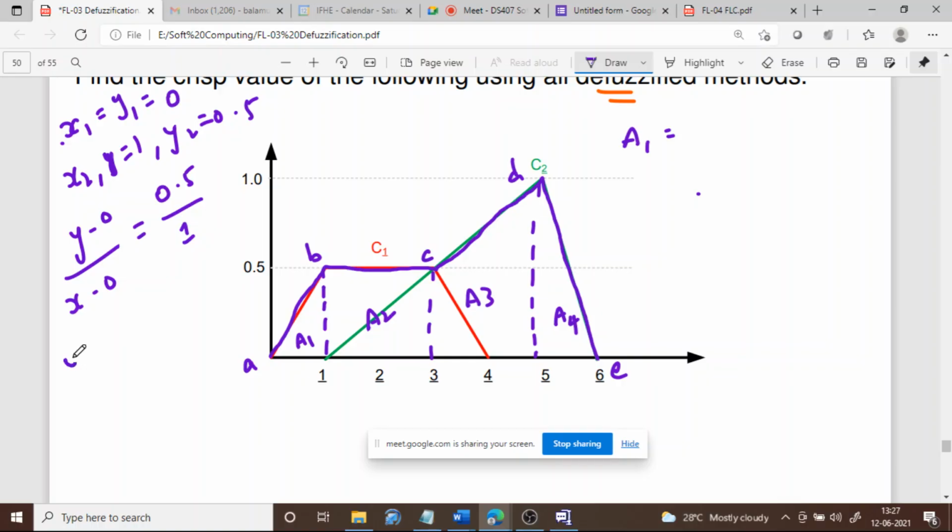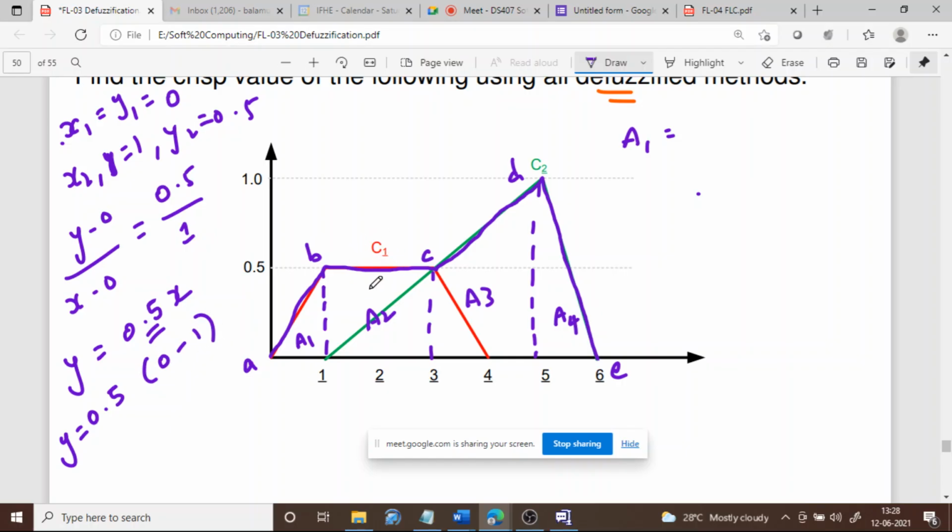So y is equal to 0.5 into x. This is applicable for which range of x? 0 to 1. Good. So this is applicable for the range between 0 to 1.